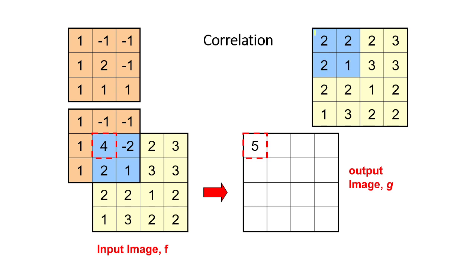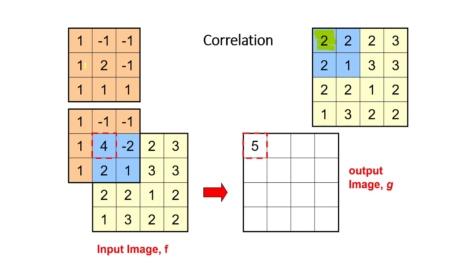So we want to find the correlation value of this particular pixel for the output image. For this 2, the neighbors are 2 2 and 1. When the other neighbors are not there, they are considered as 0.